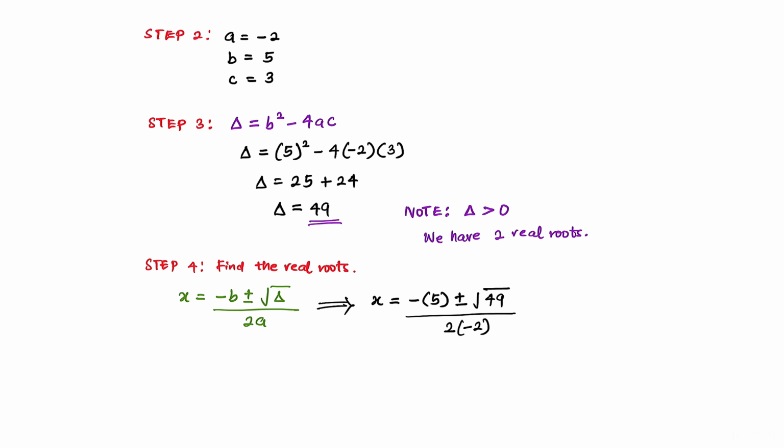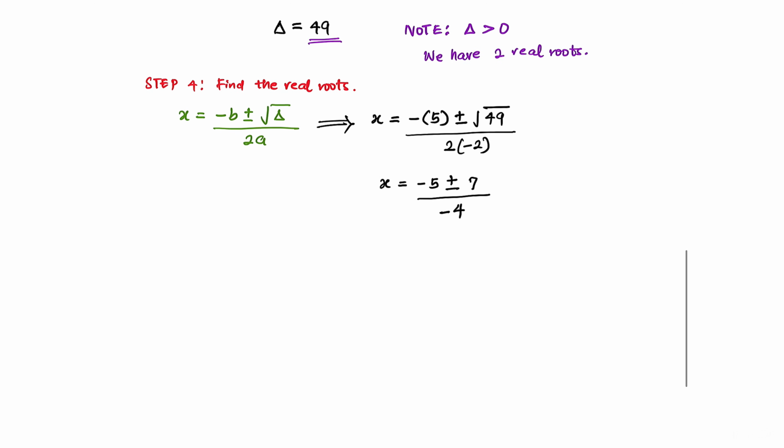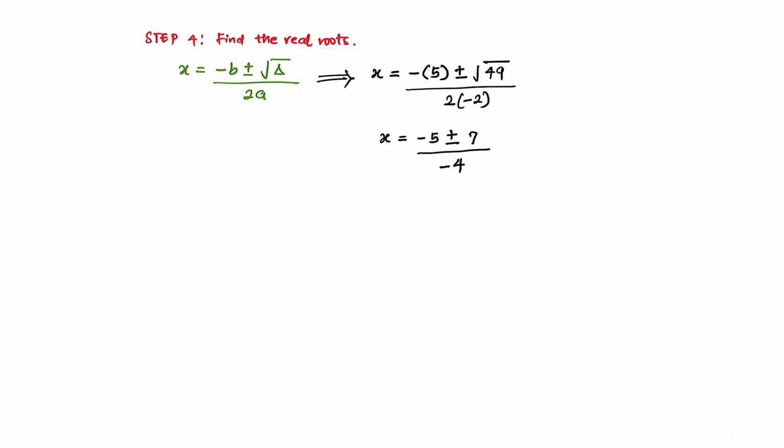So x equals minus 5 plus or minus square root of 49 is 7, divided by 2 times minus 2, that's minus 4. Having reached this situation, we divide the operation of the negative and the positive, and we solve each operation individually. So we have the first real root, let's call it x1.